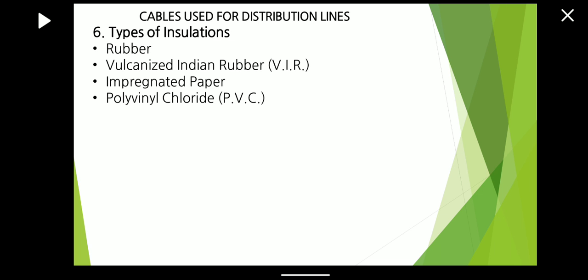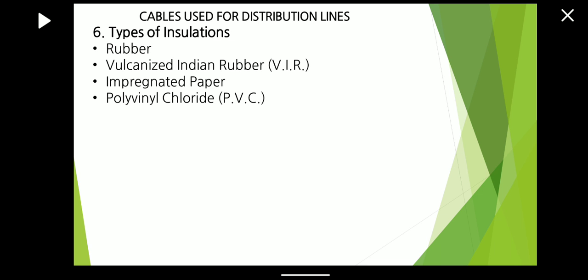This is then applied to the aluminum or tinned copper conductor, and then heated up to a temperature of 140 to 150 degrees Celsius. This whole process is named vulcanizing, and the product is called vulcanized Indian rubber.